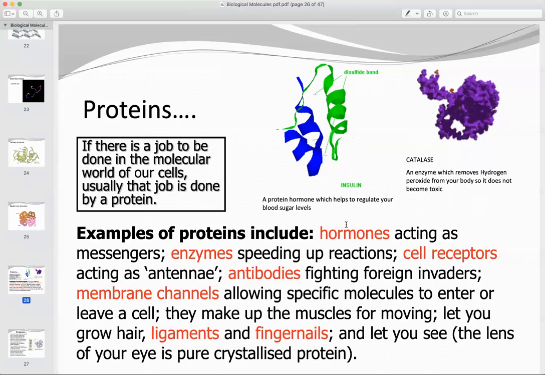So this insulin is released in response to high blood sugar, right? And it helps to regulate or remove this sugar from our blood. Okay, so hormones are an example of proteins. Okay, an example of a hormone is insulin.